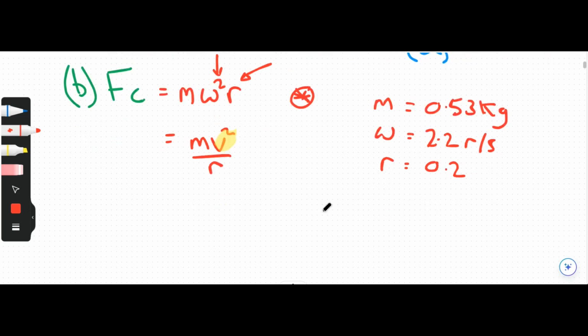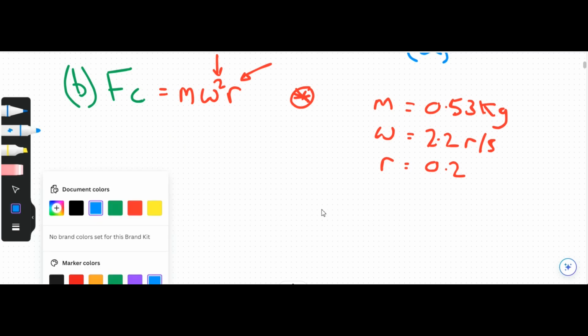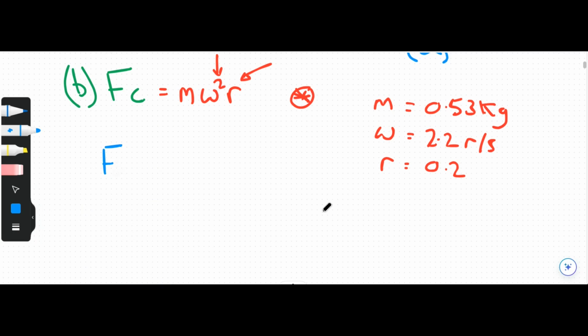So what we've got to do, we get rid of this formula because we don't need that one. Let's get a different color pen. So FC, centripetal force, is going to be mass, which is 0.53, times by angular velocity, which is 2.2, don't forget the squared, times by the radius of the pin, or the length of the pin, 0.2.